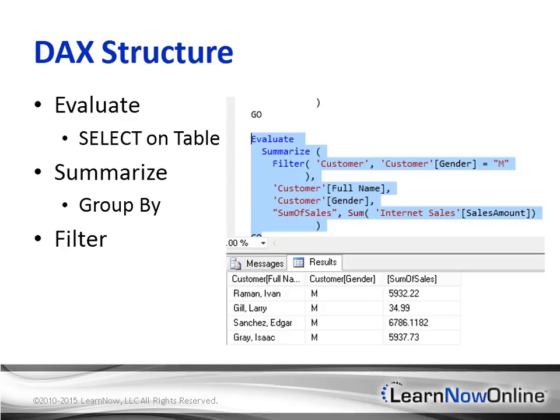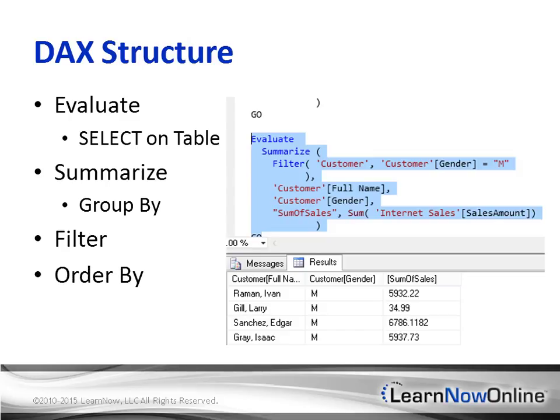Then we're going to display the customer full name, the customer gender, and then create in the summarize a column called sum of sales. In the DAX expression, sum internet sales with the brackets around sales amount reference the table and column name from the internet sales table. And our results show us we get the full name, gender, and sum of sales.